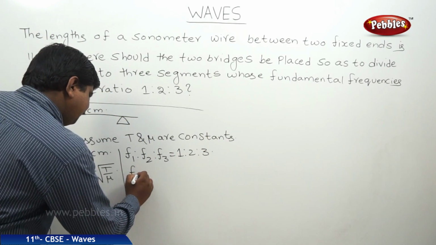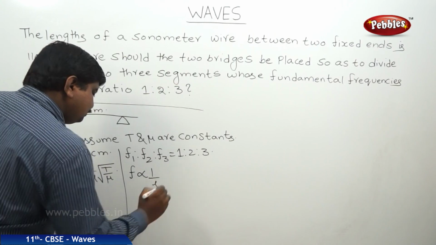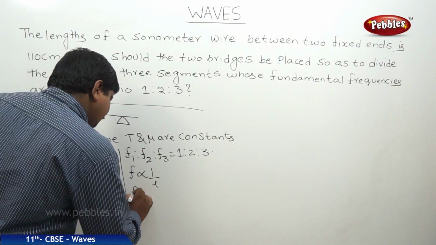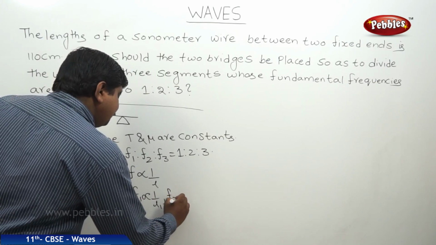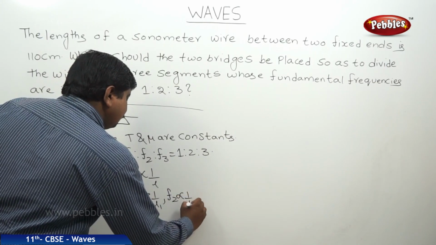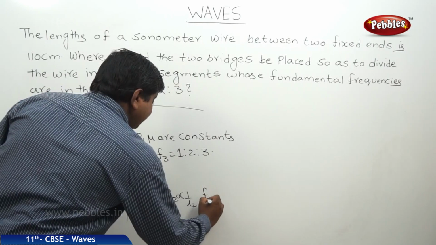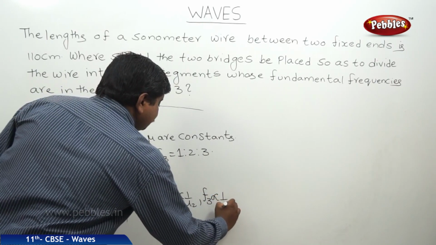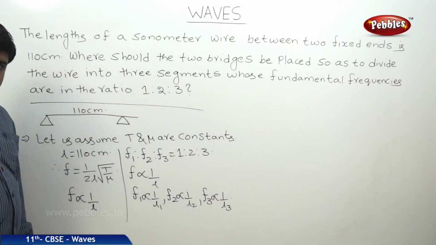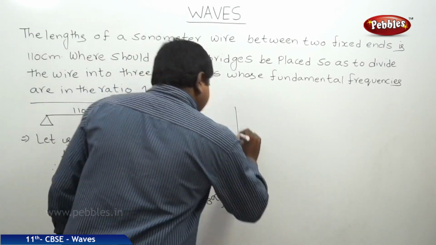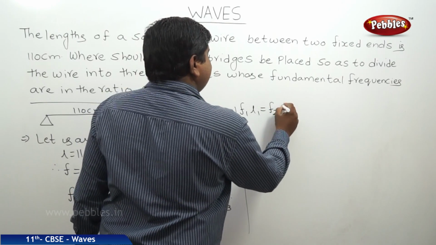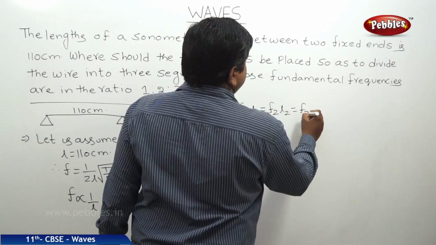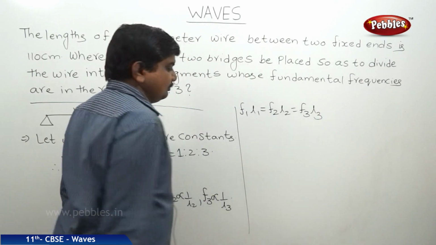If F is proportional to 1/L, therefore F1 is proportional to 1/L1, F2 is proportional to 1/L2 and F3 is also proportional to 1/L3. Therefore, we can write that F1L1 is equal to F2L2 is equal to F3L3 is equal to constant.